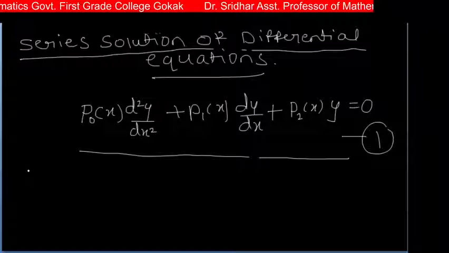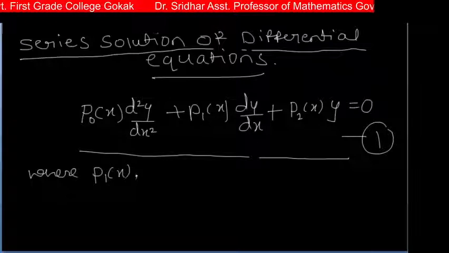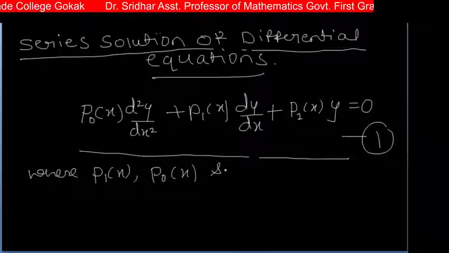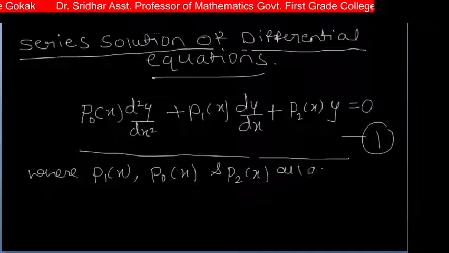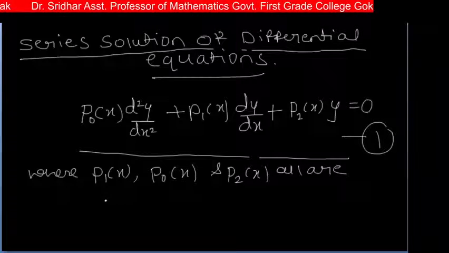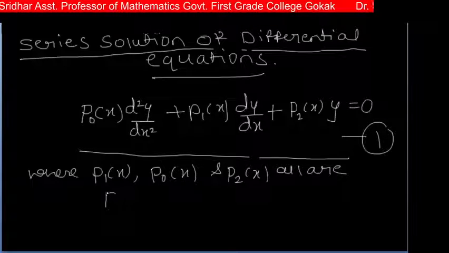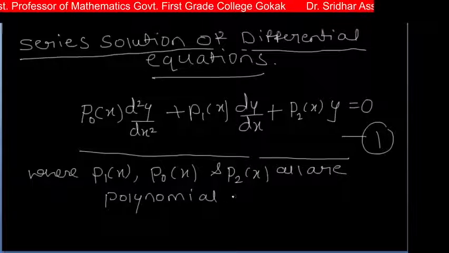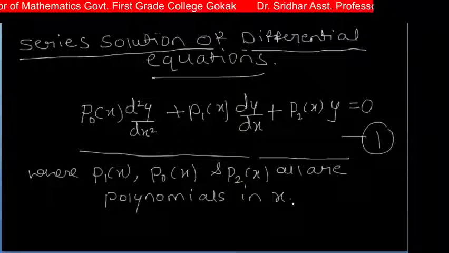Where P1 of x, P0 of x and P2 of x all are polynomial in x.